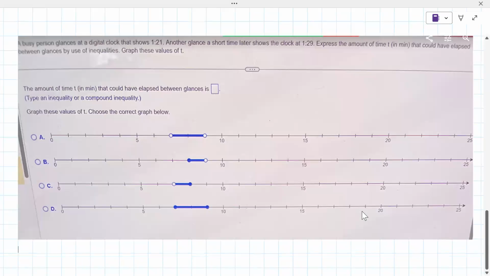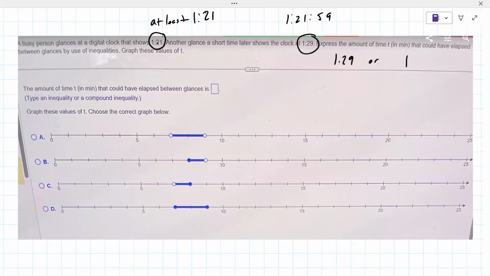The idea here is that when the clock goes to 121, we know it's at least 121, but it could be 121 and 59 seconds. Same thing here: it's either 129 or 129 and 59 seconds.